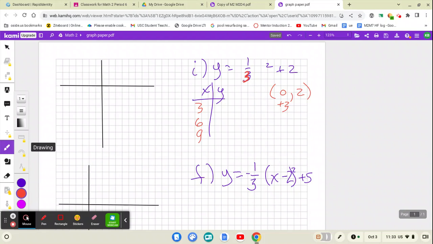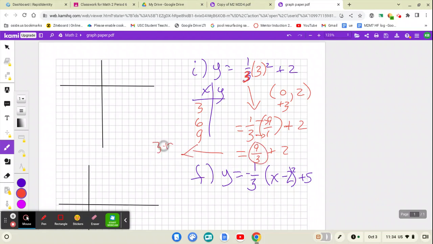Let me throw in some parentheses. 3 squared is 9. Then we're going to have 1/3 times 9 over 1, plus 2. Multiplying across, we get 9/3 plus 2. 9/3 is 3, plus 2 is 5.